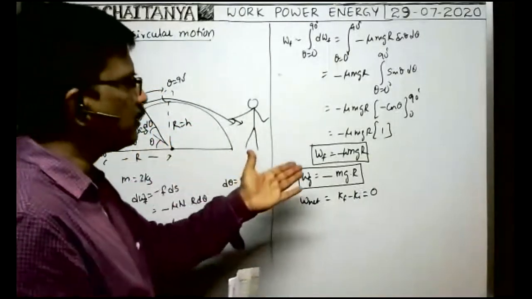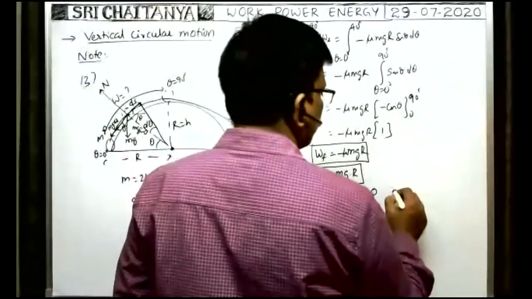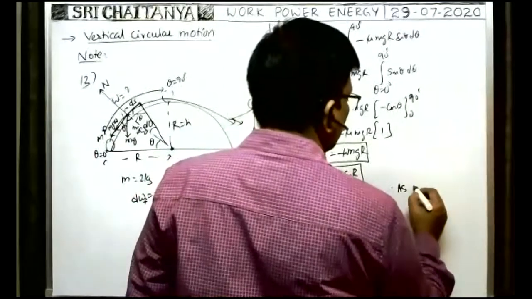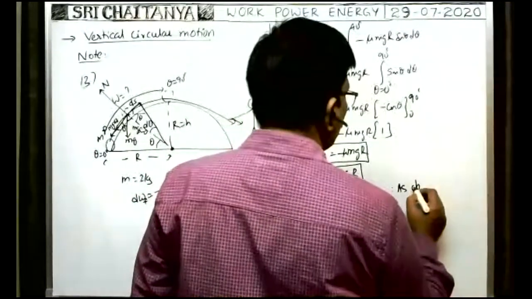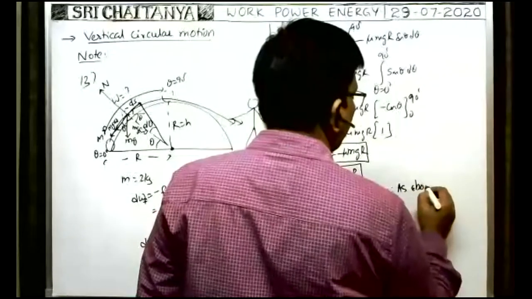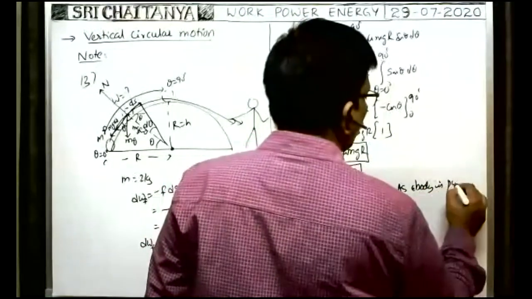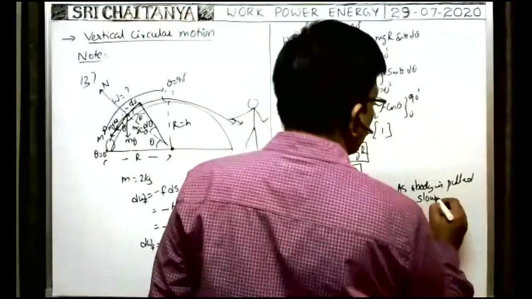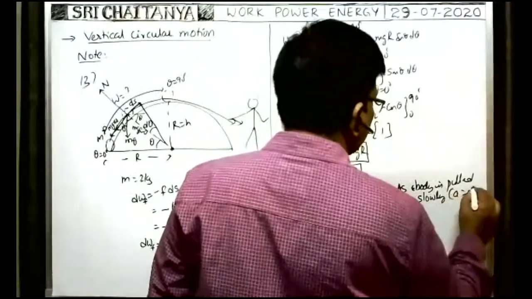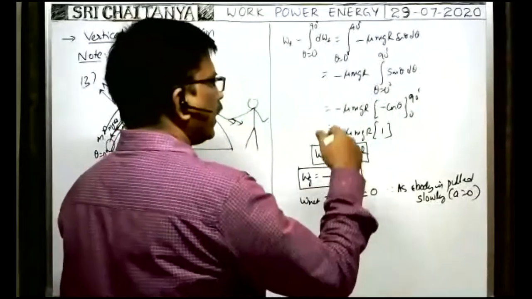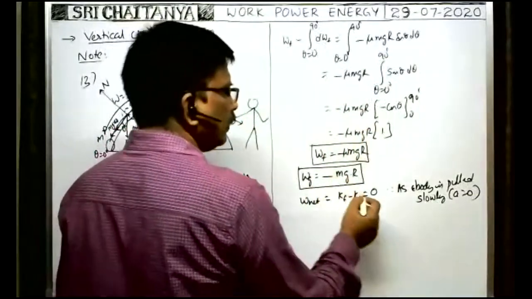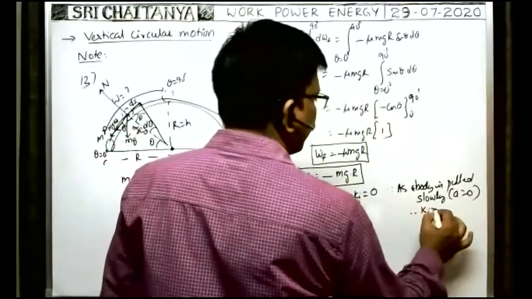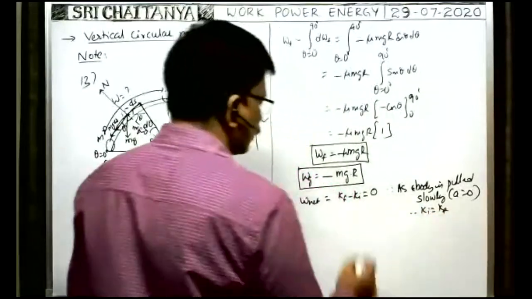As the body is pulled slowly, not with acceleration, that means the acceleration is 0. That's why there is no gain in the velocity by the body. Therefore final kinetic energy and initial kinetic energy both are equal. That's why it becomes 0.